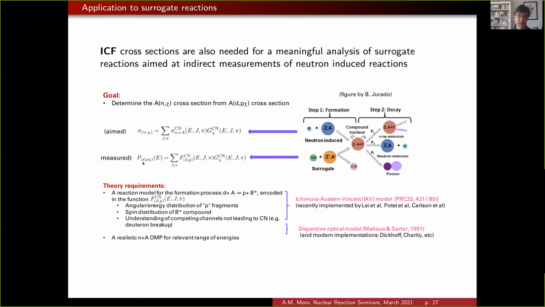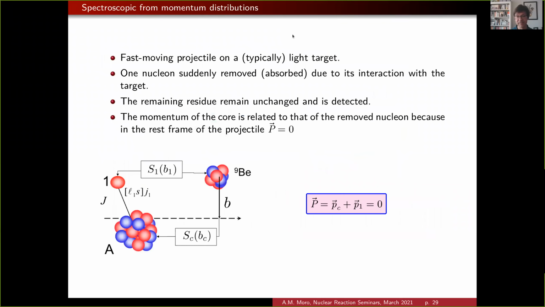So from the theoretical point of view, one of the challenges is to predict the compound nucleus formation from the surrogate reaction, and this is exactly an incomplete fusion process of the same kind that I have been discussing before. But, since my time is over, I will stop here.